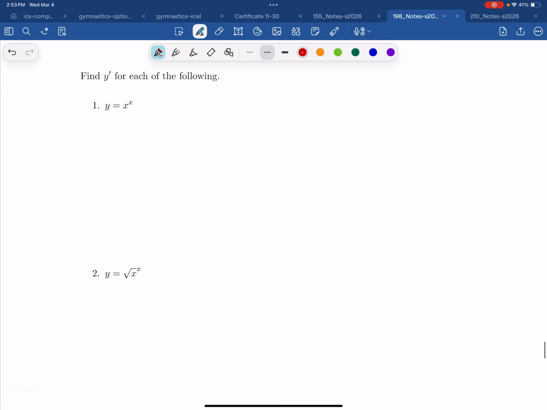So anyway, let's do a little bit of practice. Find y prime for each of the following. Well, sorry, we can't just do it straight up. We have to do ln of the absolute value of y equals ln of x to the x, which is x ln x. Implicitly differentiate, and we get this guy equals 1 times ln of the absolute value of x, right?